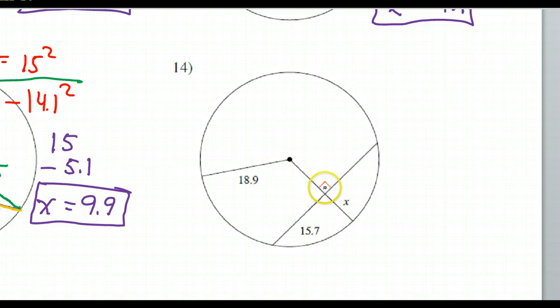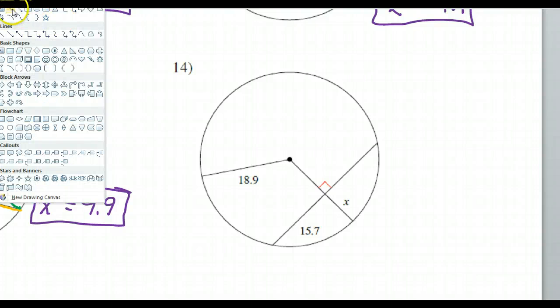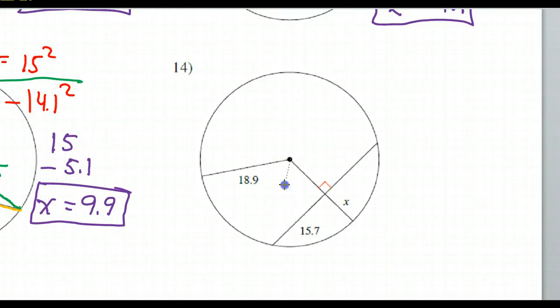Okay, so I've got my radius. I need to build a right triangle. So I'm going to take my radius and slide it down here like this. All right, because I need to get my right triangle going. Okay, so there it is.